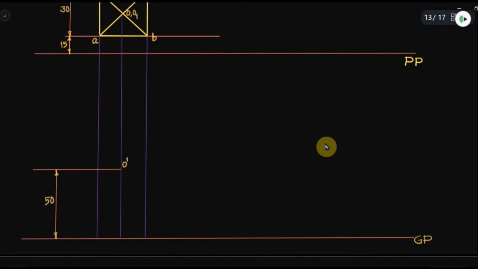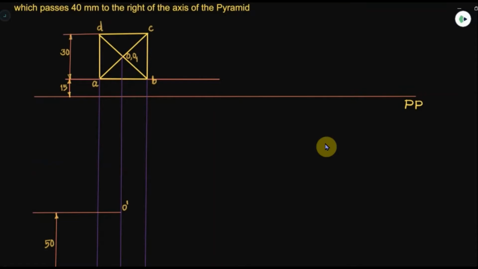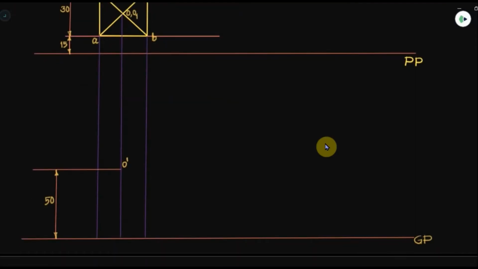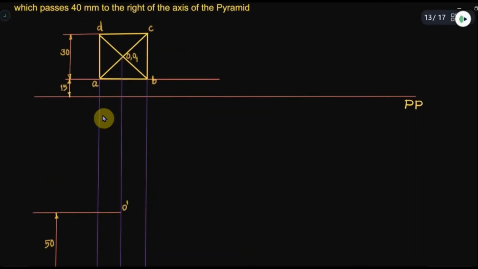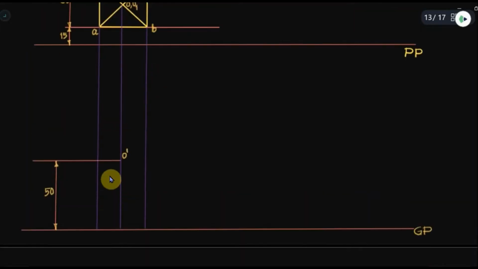And when you consider the front view, the base is on the GP. See, when you look from here, through PP, just like you draw the front view of the square pyramid in first angle projection, first A dash and then D dash. So first you will see this corner or the point A, thereafter D comes behind that, and when you look from the front, B comes before C. So the same order you have to mark the front view now, even in third angle projection.